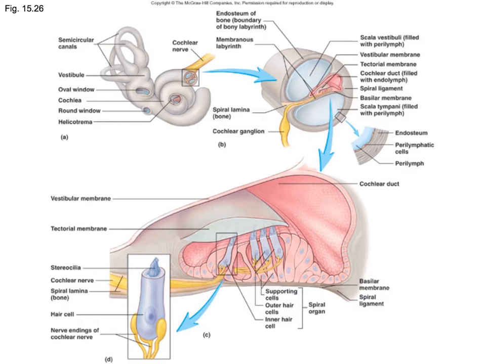We have this blown up over here, so here is that fluid within the scala vestibuli, and then here is the vestibular membrane. The vestibular membrane is going to vibrate, causing the fluid within the cochlear duct to vibrate. The cochlear duct leads all the way down to this basement membrane called the basilar membrane.